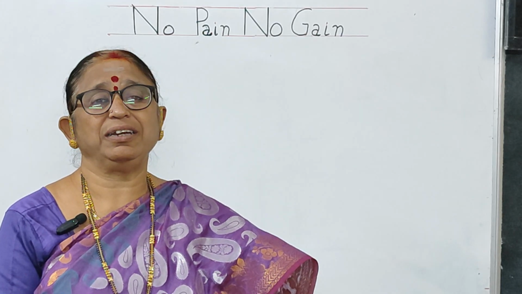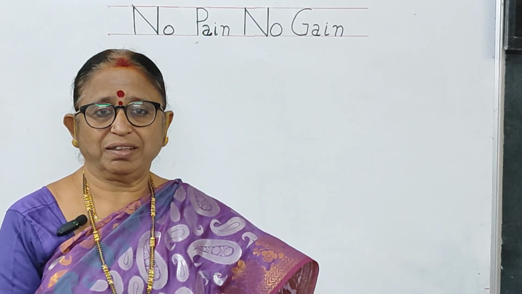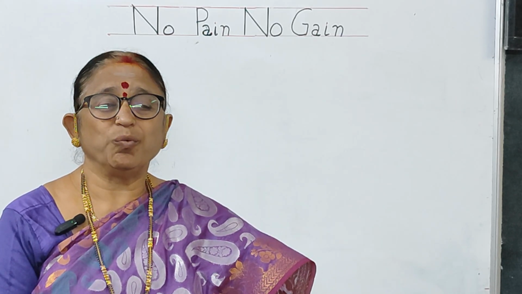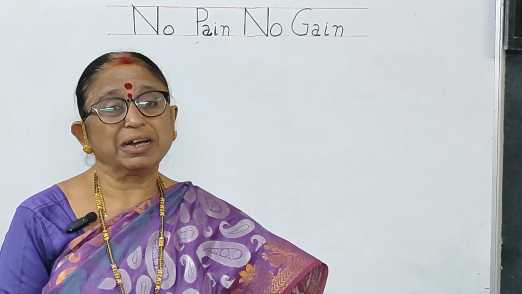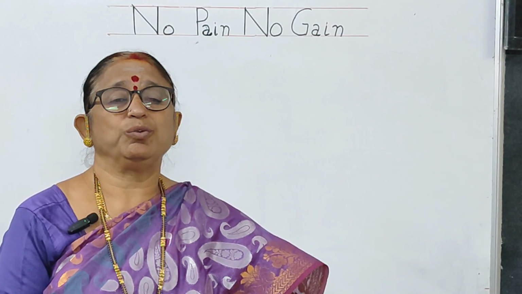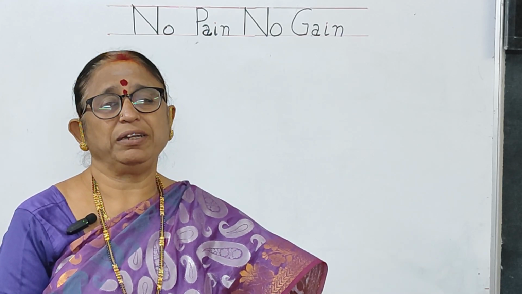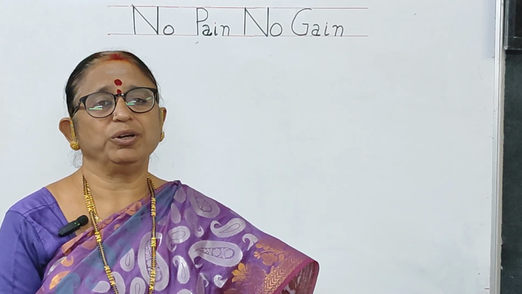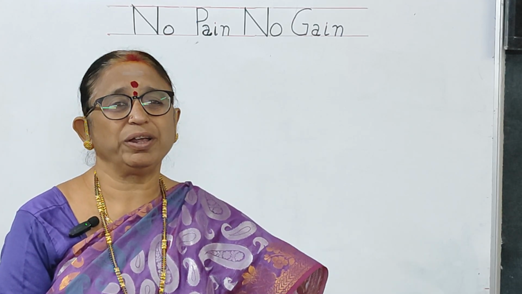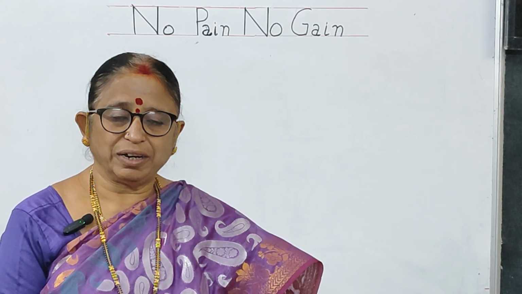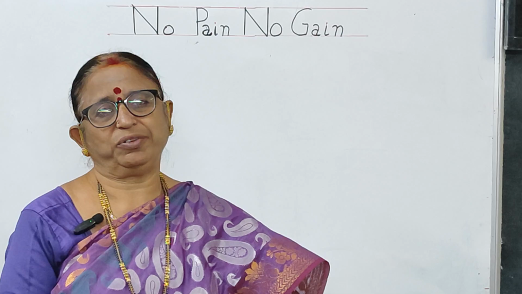You feel very great after achieving success. So don't worry about the pain that you have to go through to get success. That pain is ultimately going to give you gain. So go ahead, children, with your toil so that you can have a great future.